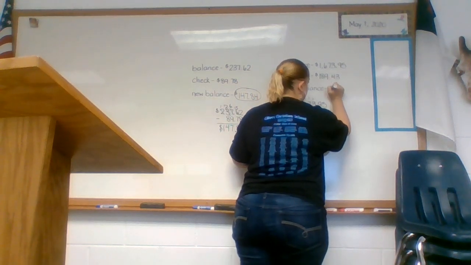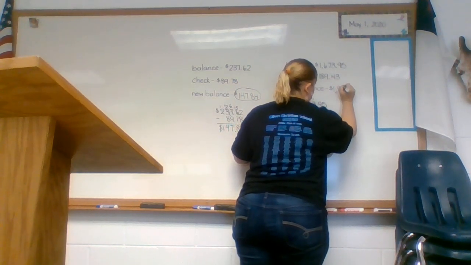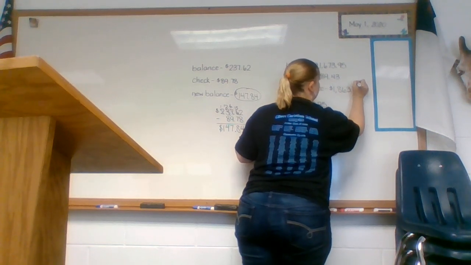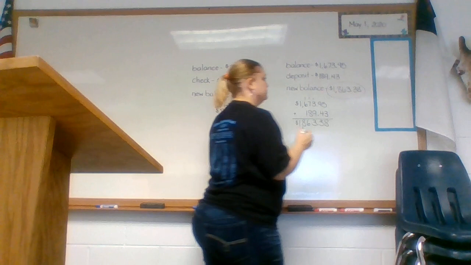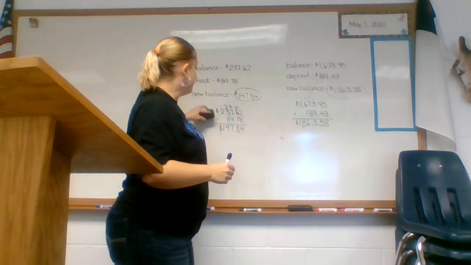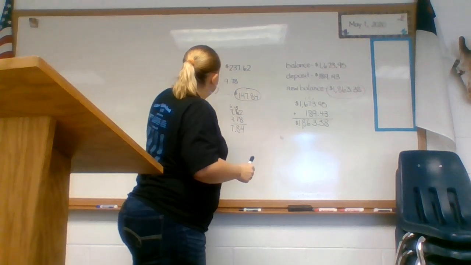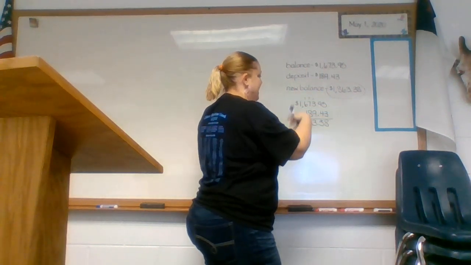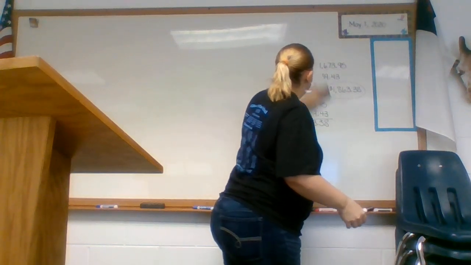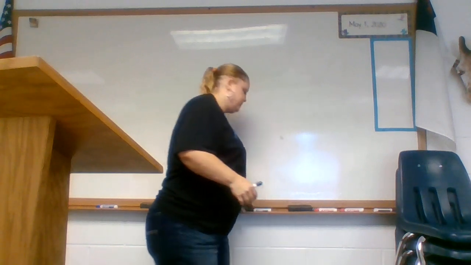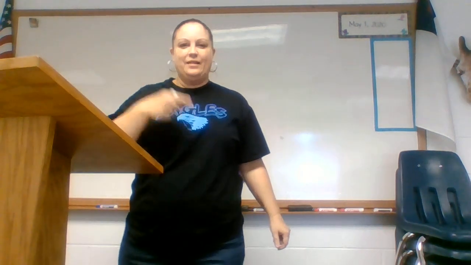All right, so the new balance available is $1,863.38. Okay, so those are the concepts: when we're writing a check, we're paying it out. When we are making a deposit, we're putting money into the account, adding it to our balance. And then the new balance, not the sneaker or footwear, but the change in our balance, is what we're looking for in the answer.